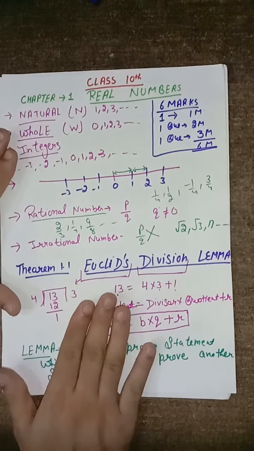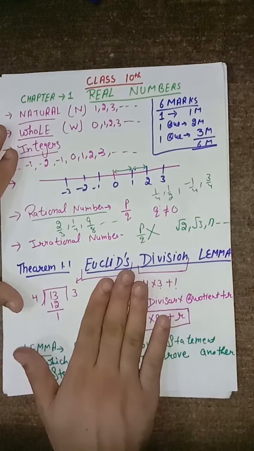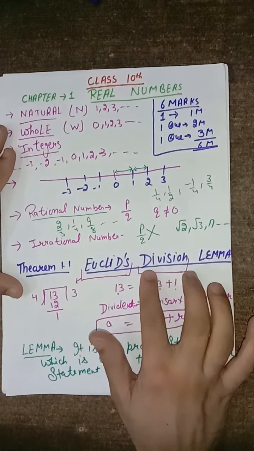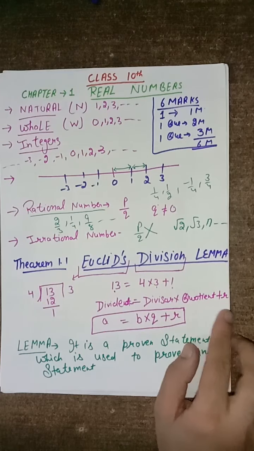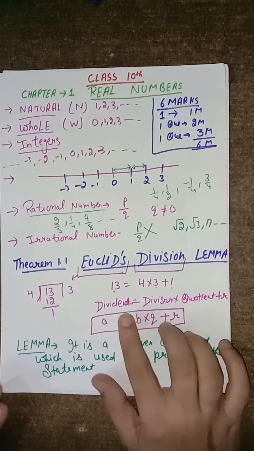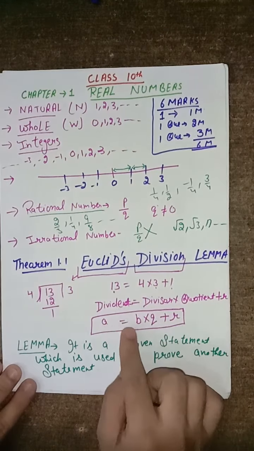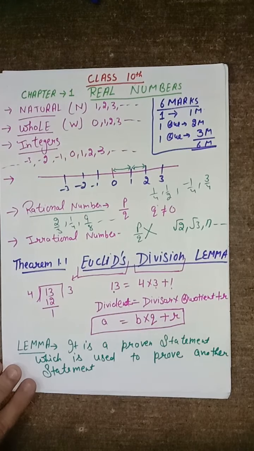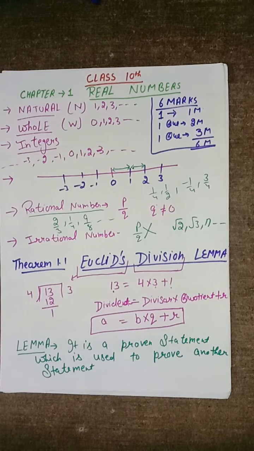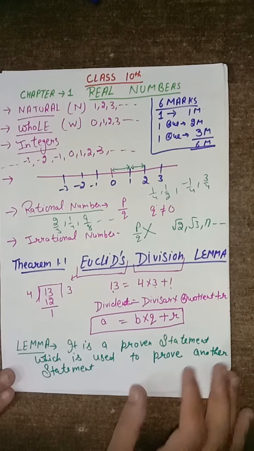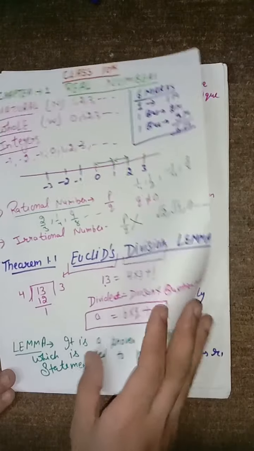And then we discussed Euclid division lemma, in which Euclid is the mathematician's name, and in division we know that dividend equals divisor into quotient plus remainder. In general form we can write A equals B into Q plus R. And the meaning of lemma is that it is a proven statement which we use to prove another statement, or to solve numericals or problems.